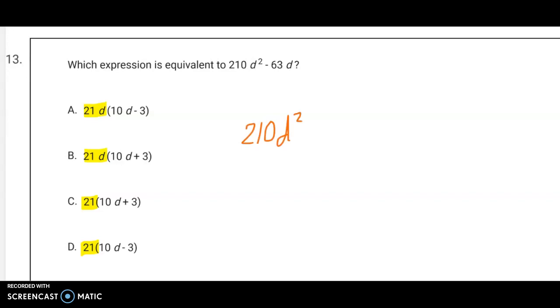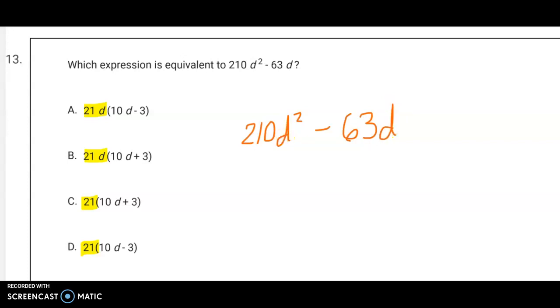So I'm writing it because it looks a little confusing up top. So I'm going to write it again. Minus 63D. Well, obviously they're divisible by 21. But do they both have the letter D in that term? Yes, they do. See, right here and right here. Okay, which means that D is also part of the GCF.